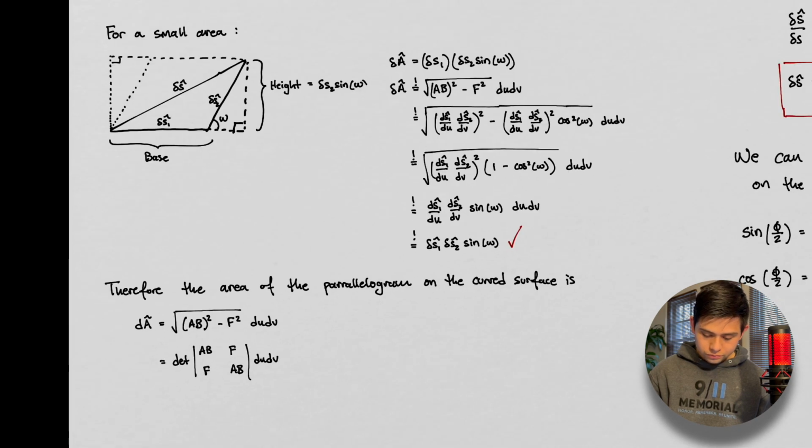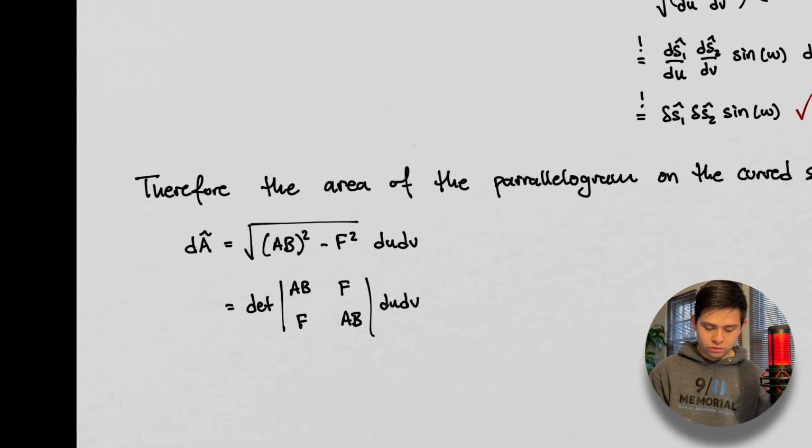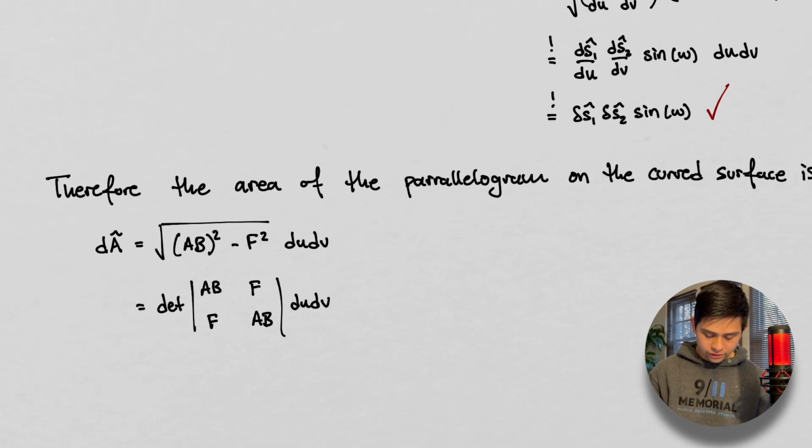So this formula right here is the area of a parallelogram on a curved surface. This is a more general formula for the area.